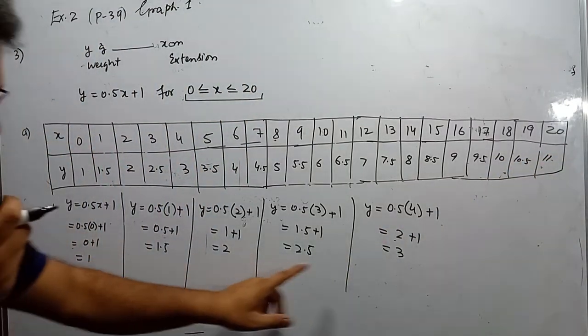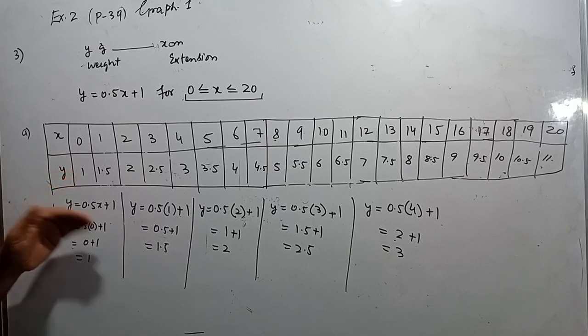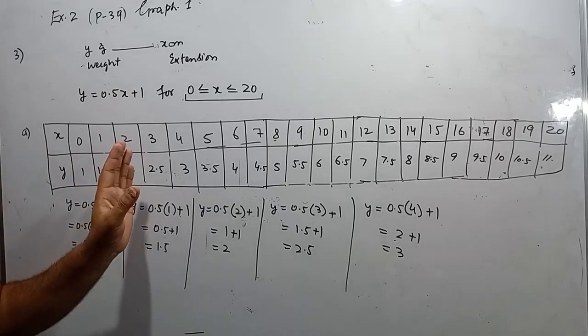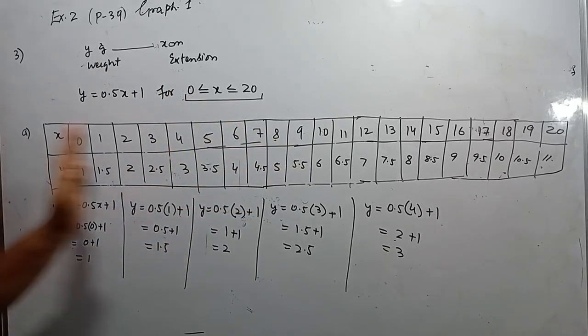I calculated 5 values, and I saw for every value it is increasing by 0.5. Then I added simply 0.5 because there were long values, 20 values. Then I got this table.